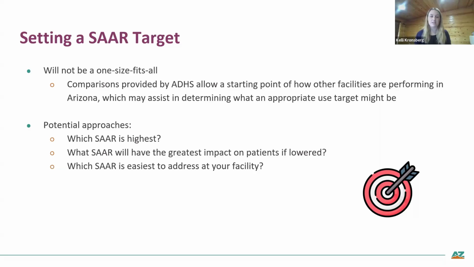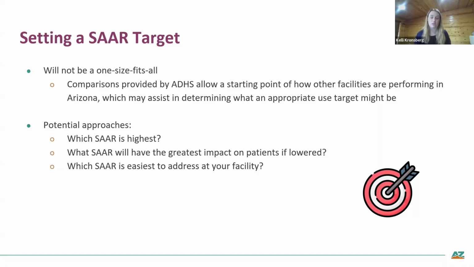Essentially, these comparisons provided by ADHS give a starting point of how other facilities are performing in Arizona, which may assist in determining what an appropriate target might be. So if the majority of facilities have a SAR clustered around 0.8 to 1.2, and your facility is at 1.5, that might indicate either you have a patient population that differs from the majority of the state and the use is warranted, or a little more investigation and stewardship needs to occur.